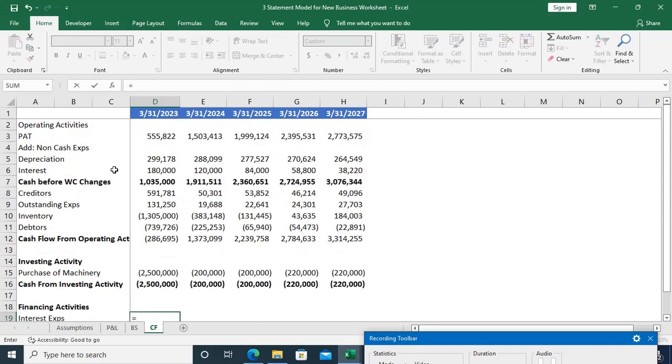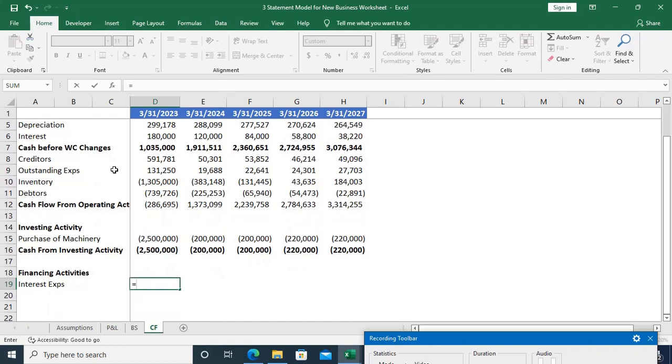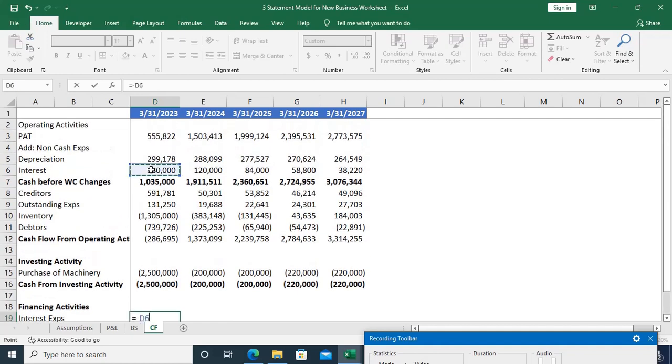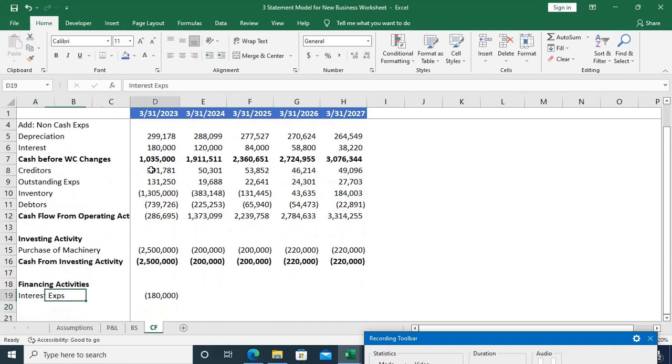We can now add it on here. We added it back there, now we can remove it from this because it is actually a financing activity cash outflow. So interest expenses, we have to put it in negative because it is a financing activities cash outflow. Outflow means minus.